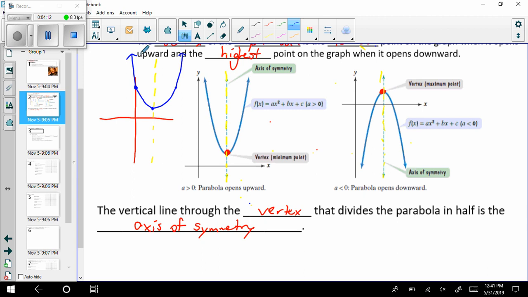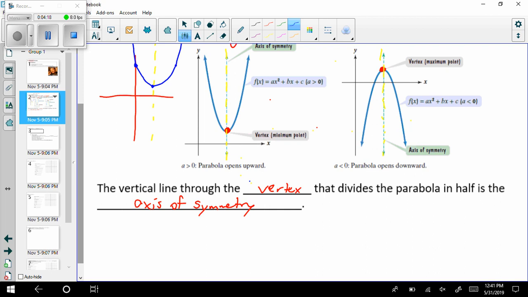So it is useful to be able to find out where is that axis of symmetry. The equation of the axis of symmetry will always be in the form x equals a number because it's a vertical line. And the number is the x-coordinate of the vertex. And we'll do an example with that.